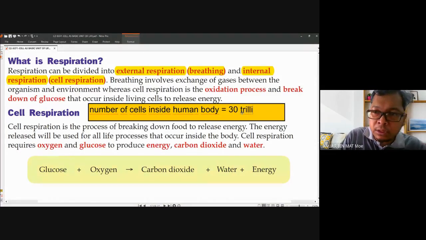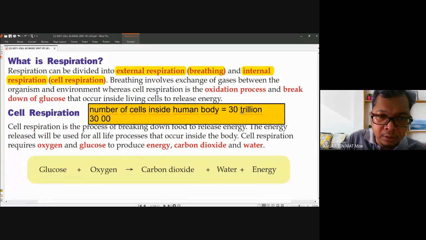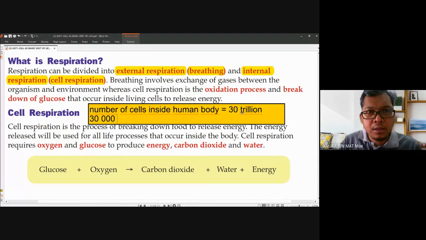How many zeros? 12. It's about 30 trillion individual cells inside our body.